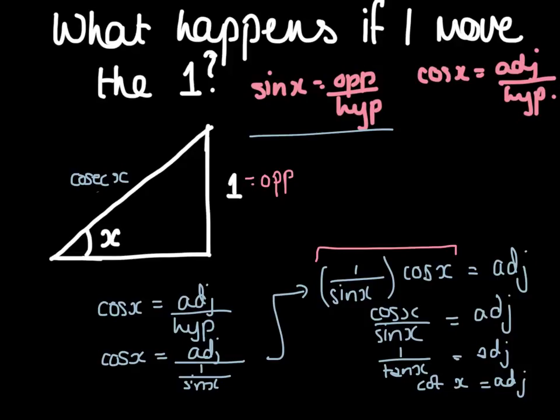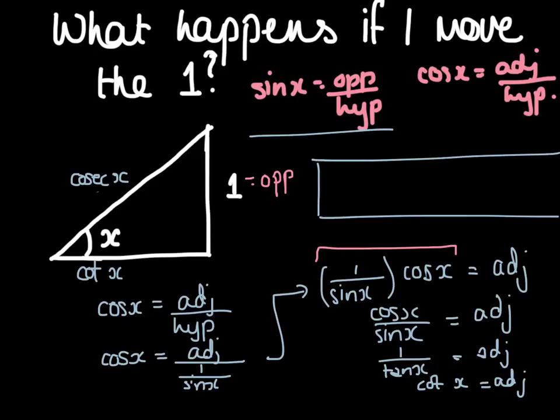That is cot x. And now I can just use my Pythagoras again to give me a new identity, so a new expression in terms of cot x and cosec x. So 2 short sides squared added up together. So cot squared x add 1 squared, which is 1, is cosec squared x.